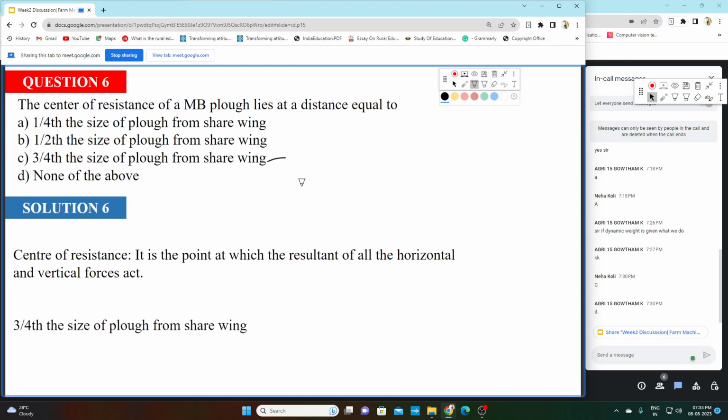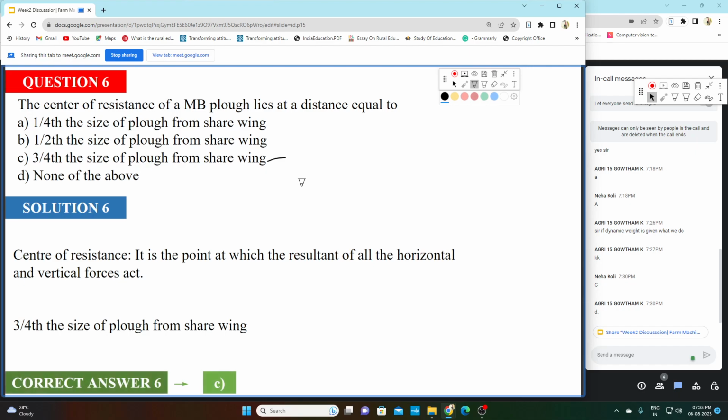So for this moldboard plow, this center of resistance is at 3 by 4 the size of the plow from the shear wing. Okay, this is by geometry, so nothing to explain, this you have to memorize it. So C is the correct answer.